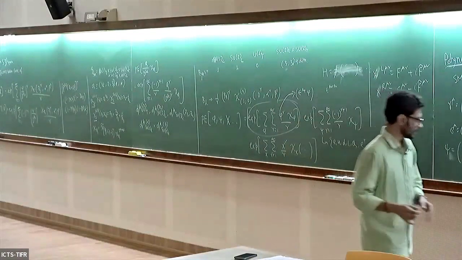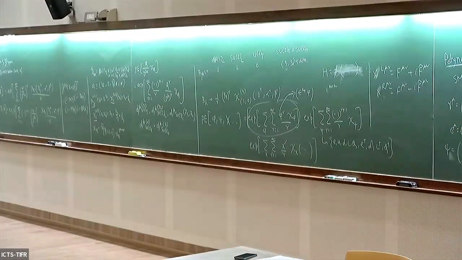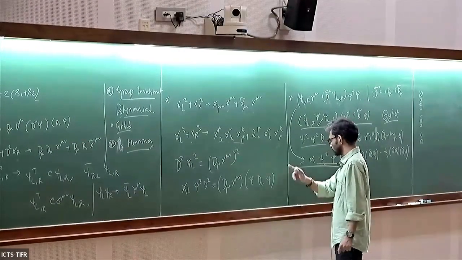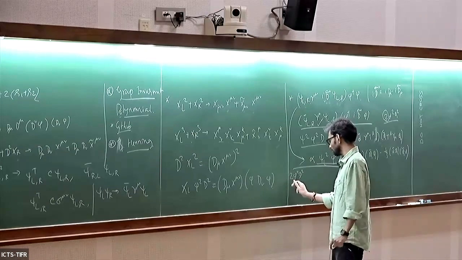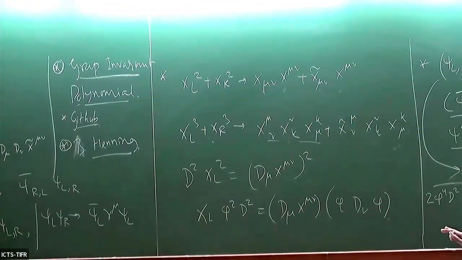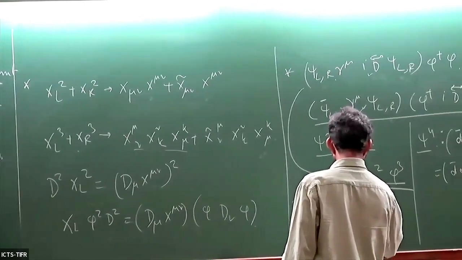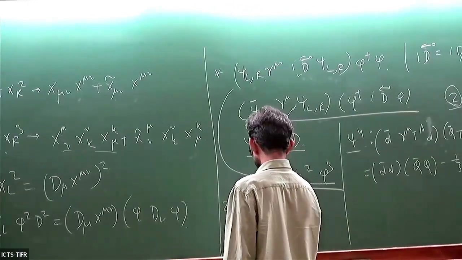For example, let's say you have 4, 5 and 2 at dimension D, right? So what the Hilbert series will give you is this number 2, 5 for D2, right? So now you know you can write down this operator as phi d mu phi whole squared, right?